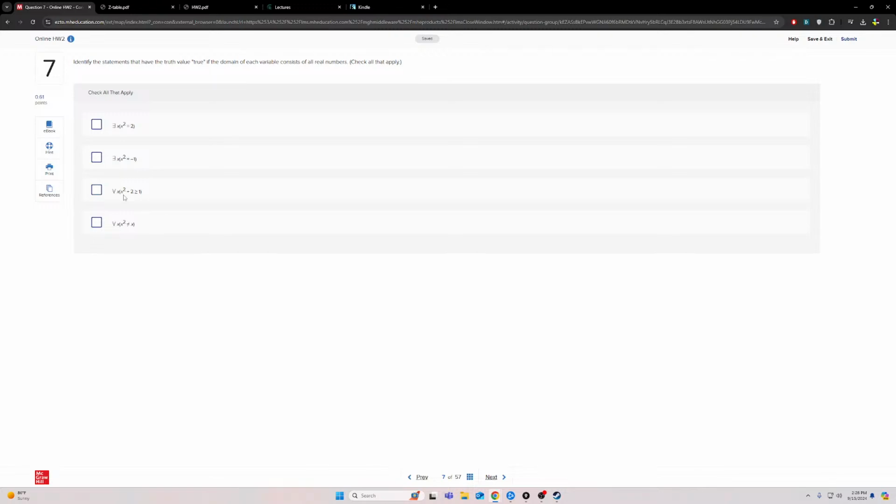So what would this one have to be? X squared is greater than or equal to 1 minus 2, which is just minus 1. X squared is greater than or equal to minus 1. So it can be minus 1. But if it's less than minus 1, so if it's negative 2, that would be false. Right? Is that what it's saying?